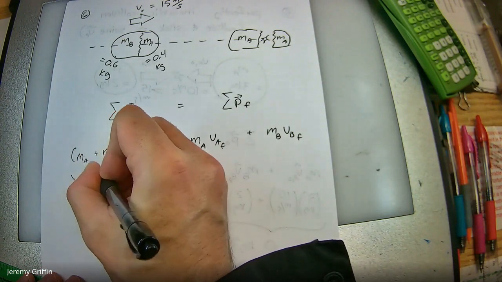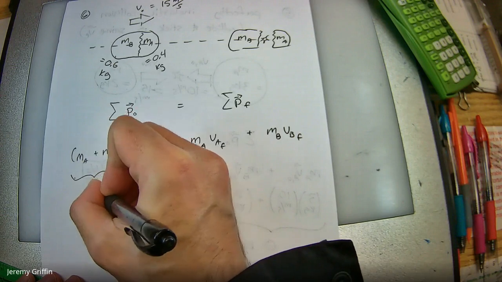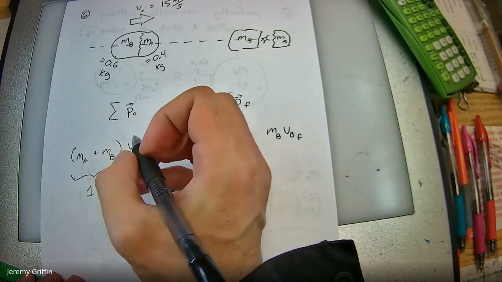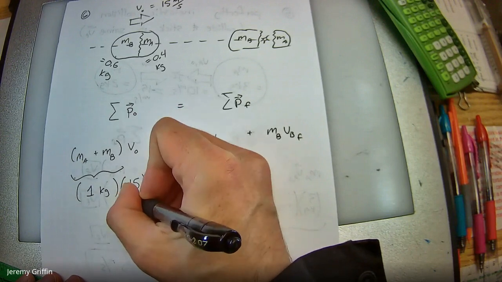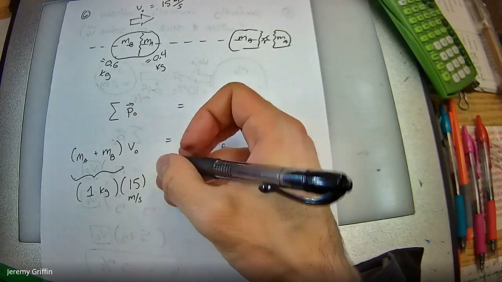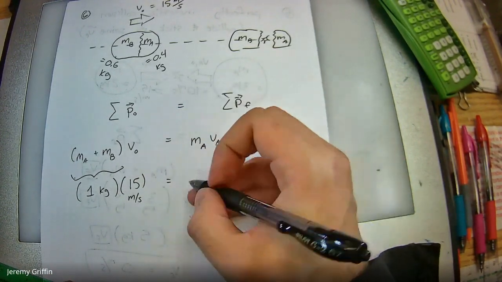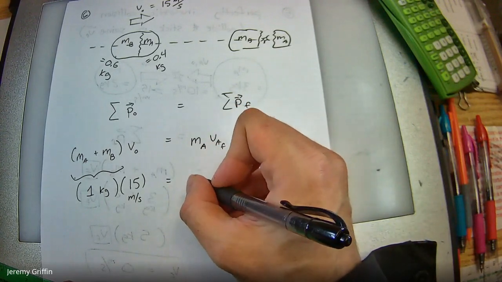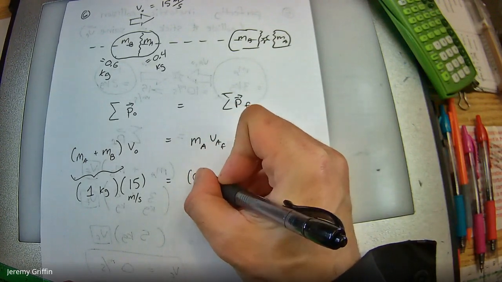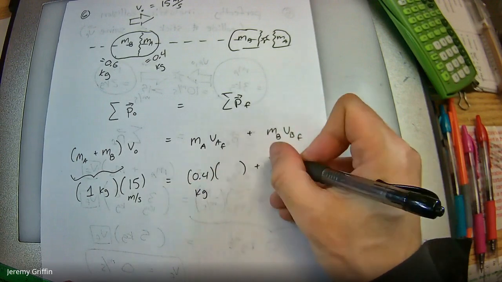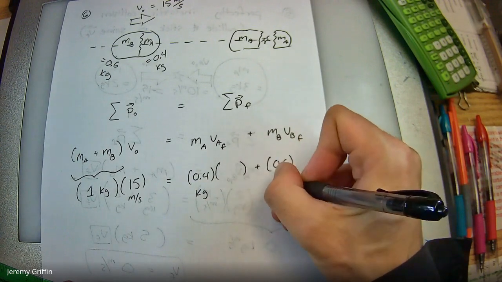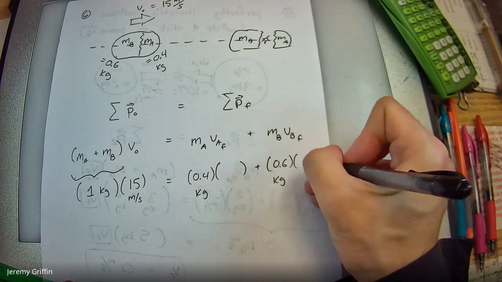This is collectively 1 kilogram, because 0.6 plus 0.4 kilograms, moving at 15 meters per second. That's going to split into, well, mass A was 0.4 kilograms, times vAF, plus 0.6 kilograms on mass B, moving at vBF.